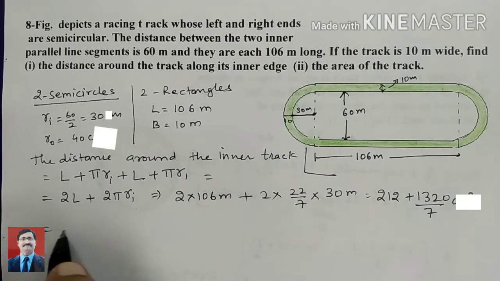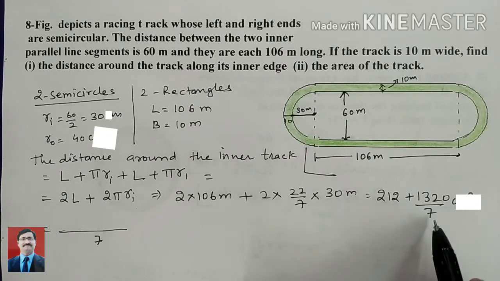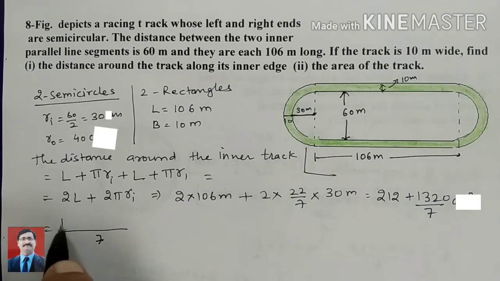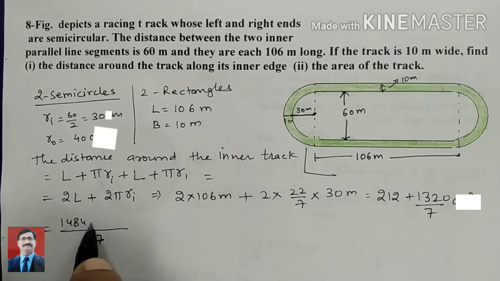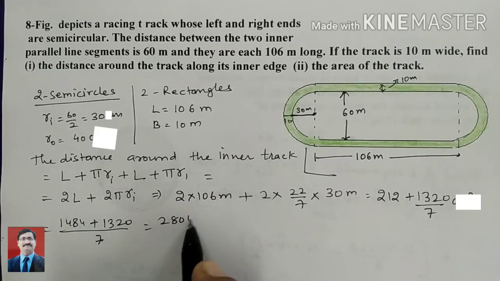Now we take the LCM. LCM is here 7. Now we multiply 212 into 7, we get 1484, and 1320 we already have. We add these two, we get 2804 upon 7 meters.